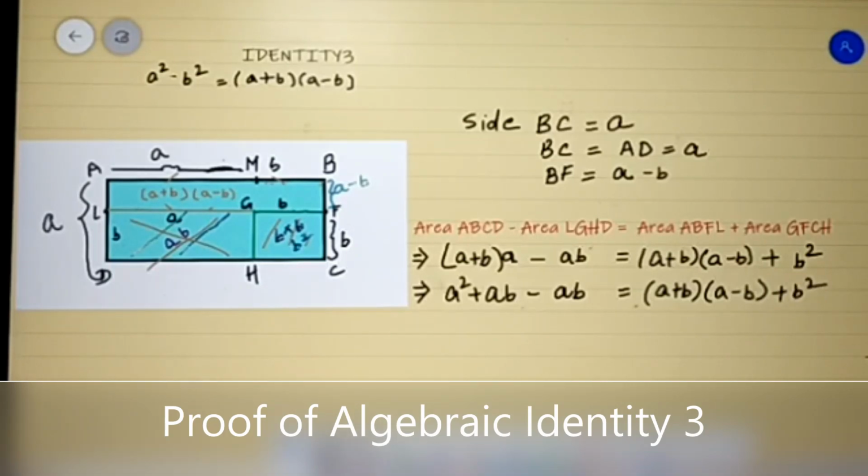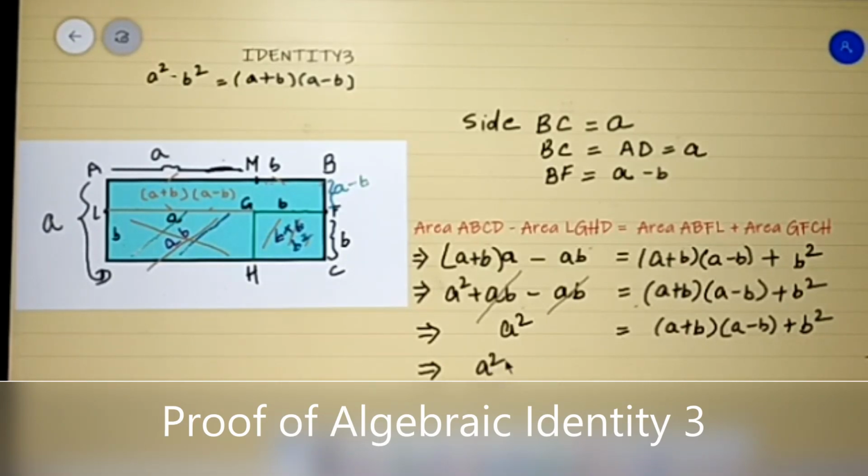Now you know plus x minus x is 0. So plus AB minus AB is 0, and so further step we have is A square left in LHS is equal to A plus B into A minus B plus B square. Now we can set it as the desired identity by bringing minus B square on LHS from plus B square on RHS.